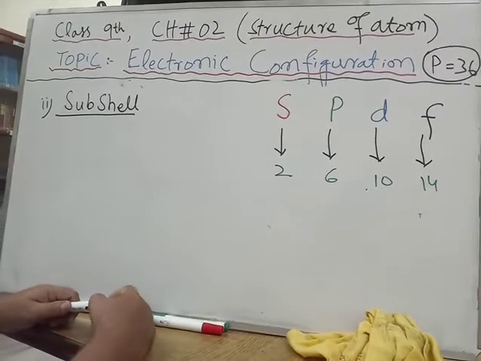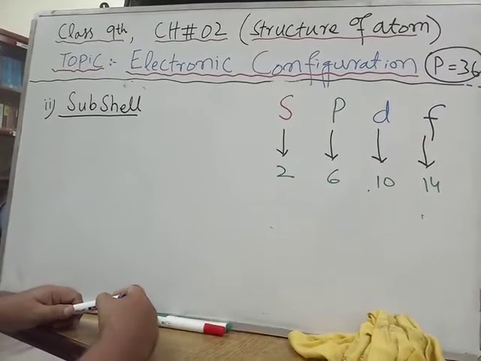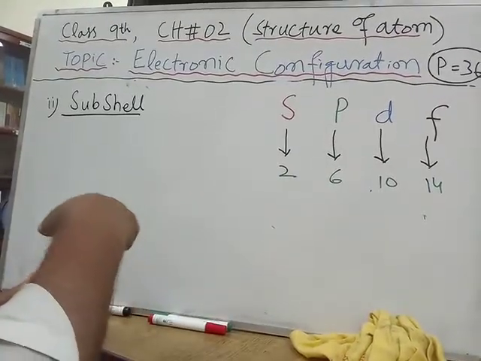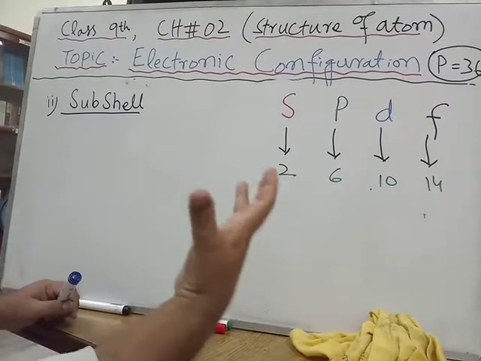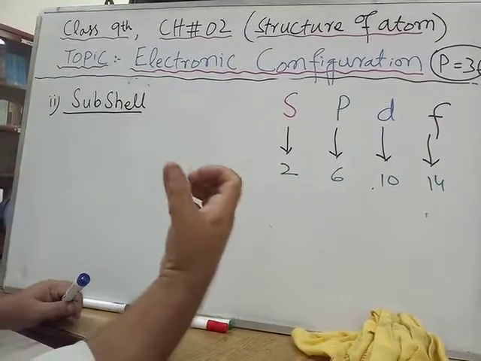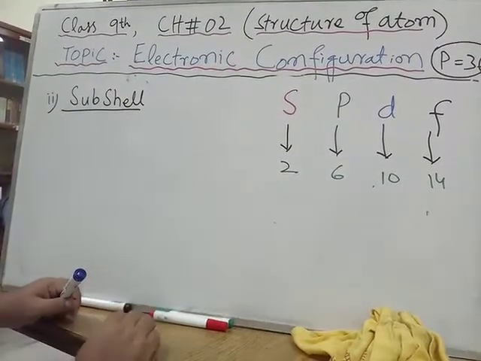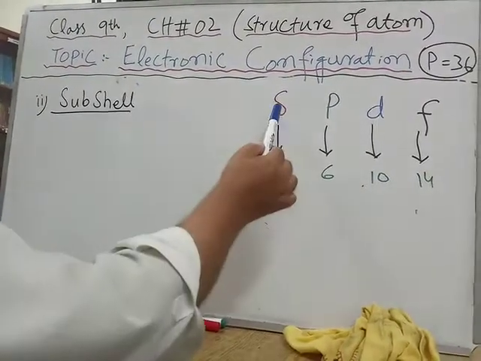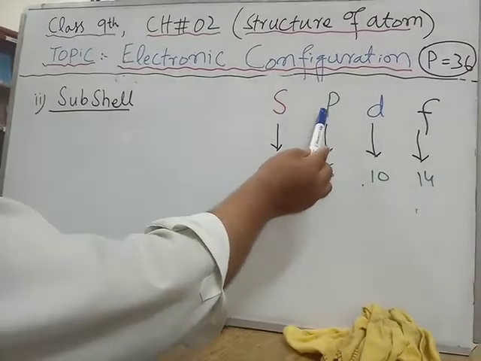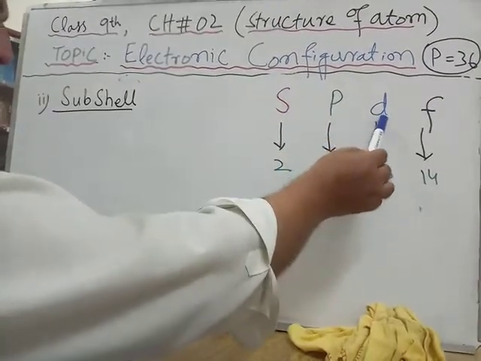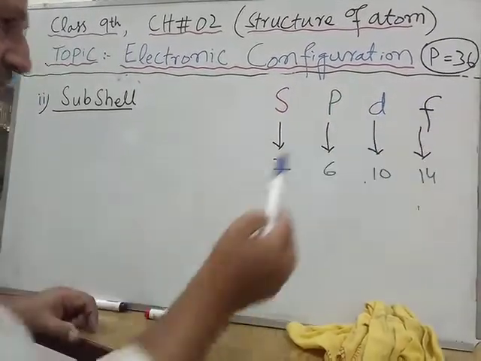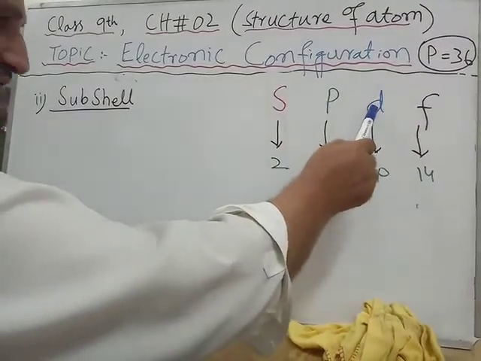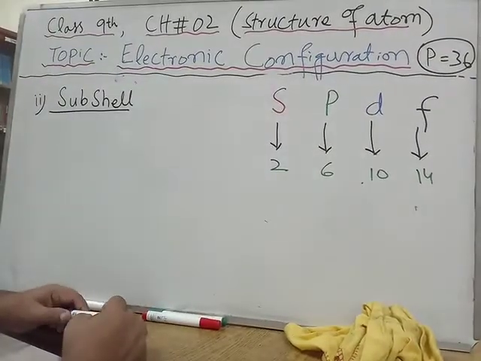And remember what these symbols stand for. They were named on the basis of the behavior of the spectral lines obtained by scientists during their spectroscopic studies. S for sharp, P for principal, D for diffused, and F for fundamental. Sharp, principal, diffused, and fundamental.